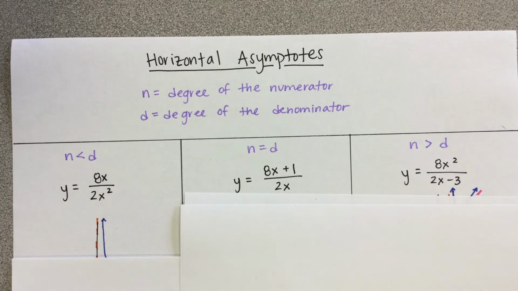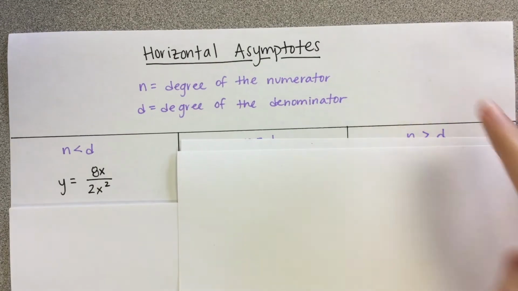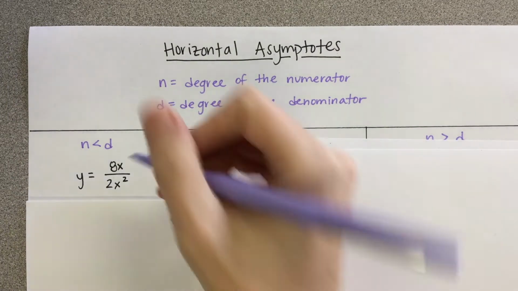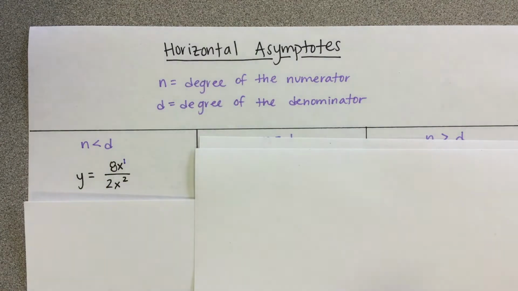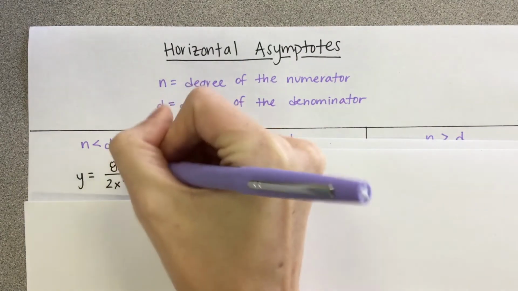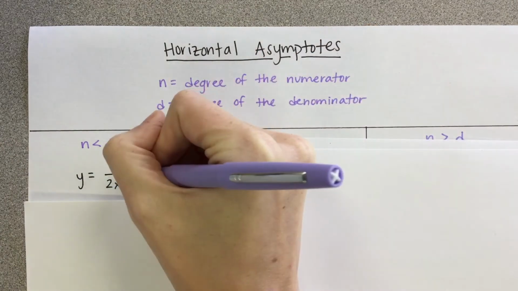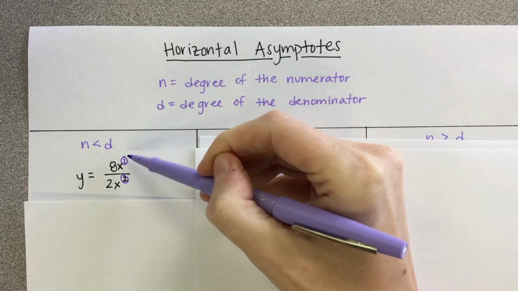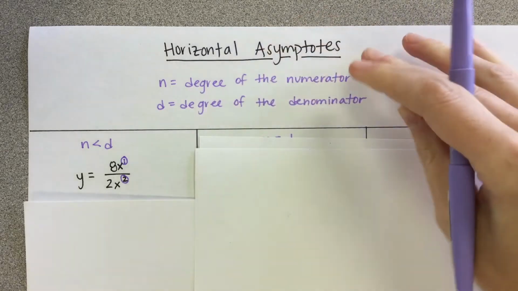So with this equation, notice that the degree of the numerator would be 1. That's x to the first power. And the degree of the denominator is 2. So 1 is less than 2, right? The degree of the numerator is less than the degree of the denominator.